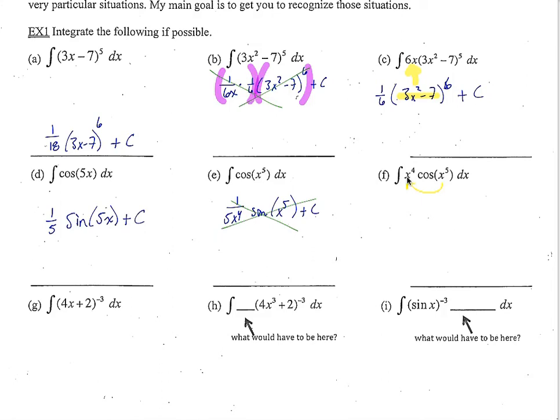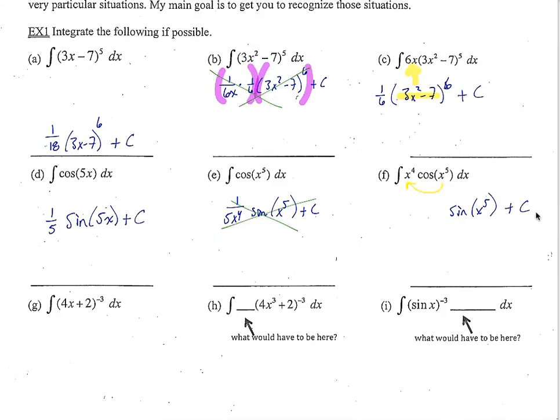So the derivative of the inside function is a version of x to the 4th. Right? So this is just a 5th of the derivative of the inside function. So this one is looking hopeful.